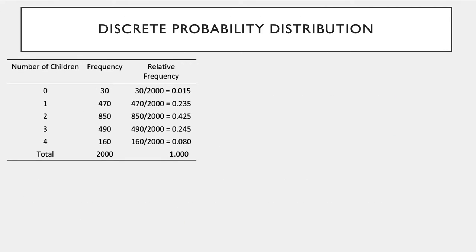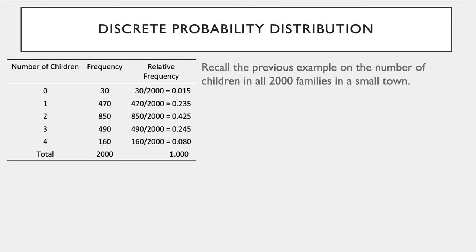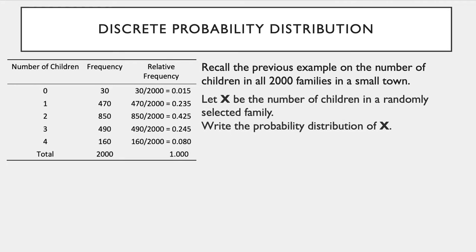Recall the previous example on the number of children in all 2,000 families in a small town. In this example, we let x be the number of children in a randomly selected family. Remember, we're going to select one family, and let x be the number of children.